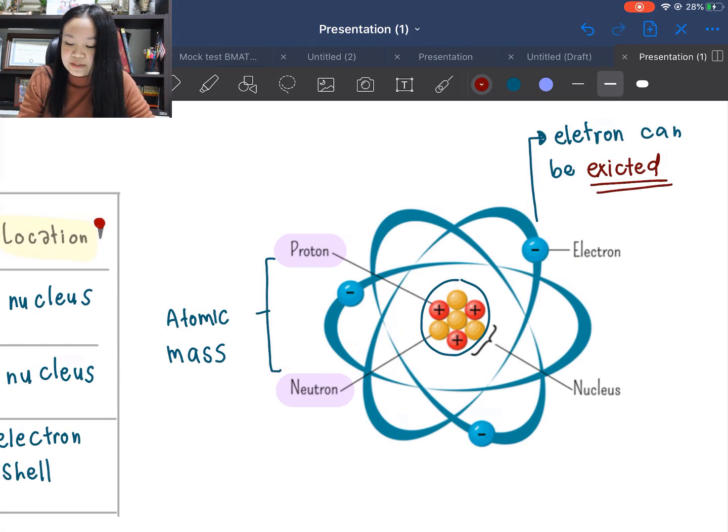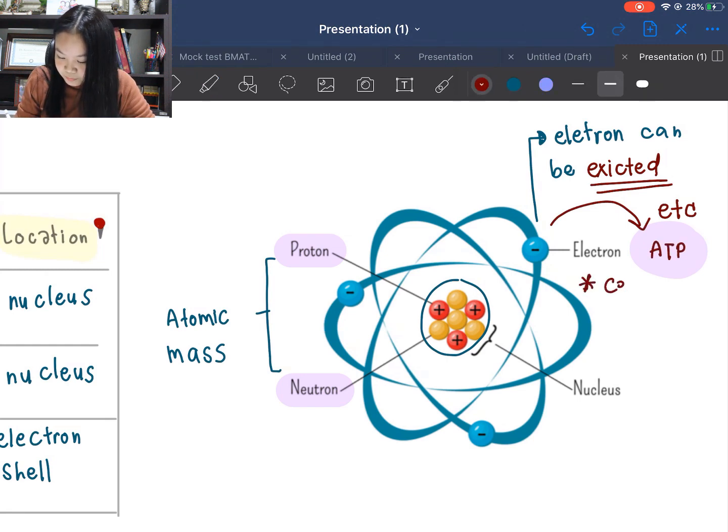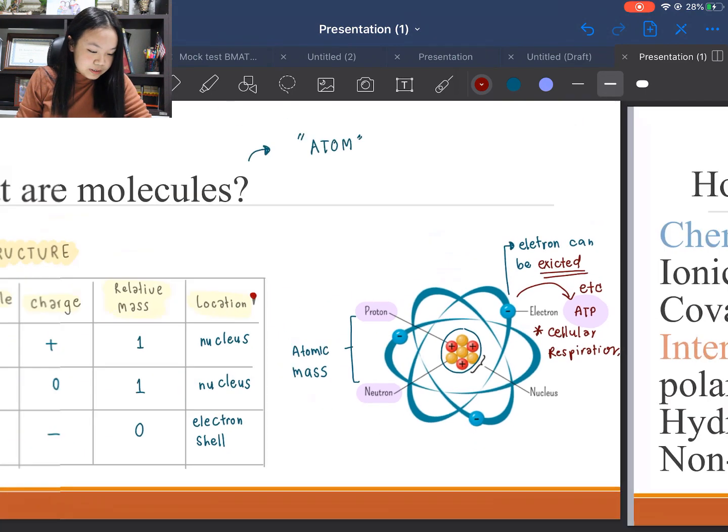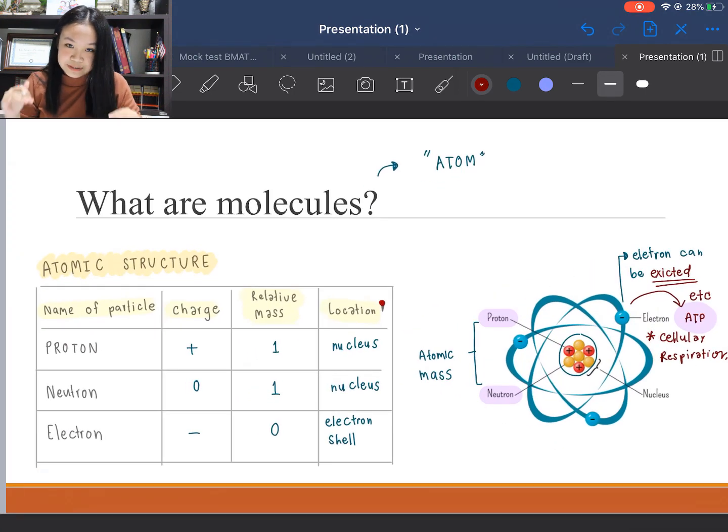Well, it's not going to just stay in its atomic structure, but instead it will go through others, and this leads to the ETC, electron transport chain. And this will always leave what we call ATP, or adenosine triphosphate. And we're going to talk about all of this again when we talk about cellular respiration. There we go. And that's the whole thing you need to know about the atom.